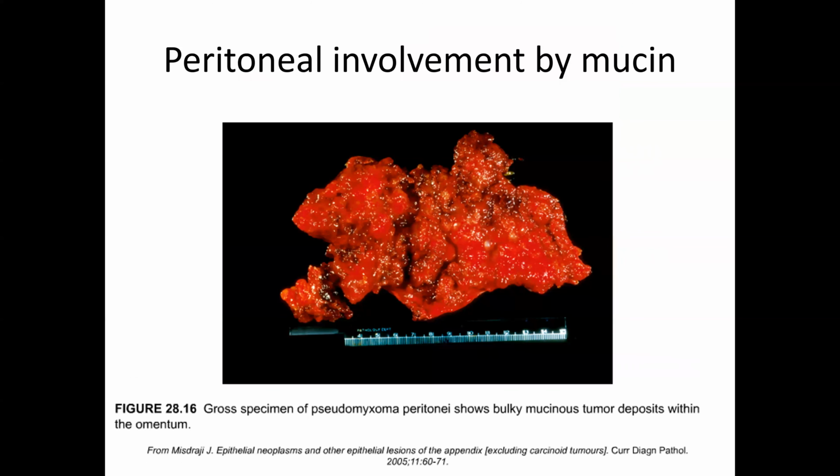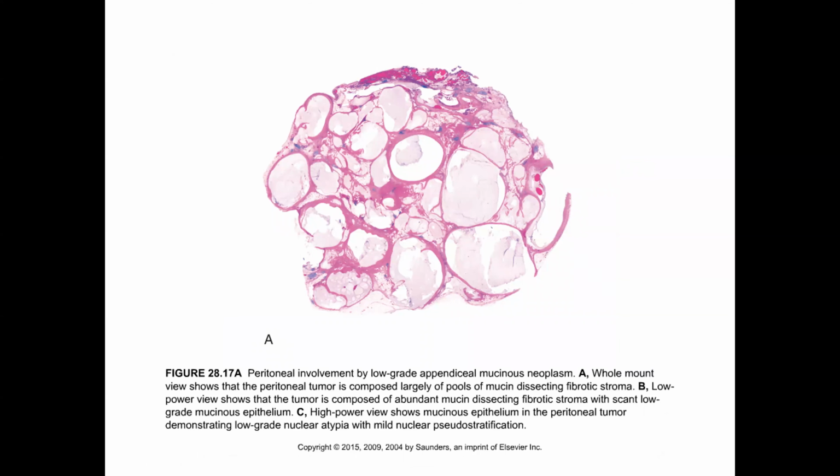Now, when we get to the point where we have pseudomyxoma or extensive peritoneal involvement by mucin, that may occasionally lead to resection, as in this specimen, showing these multiple nodules of glistening type mucinous epithelium. And again, these can be the setting for both low-grade or unequivocal carcinoma.